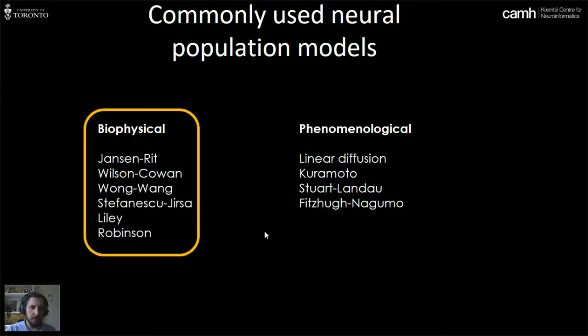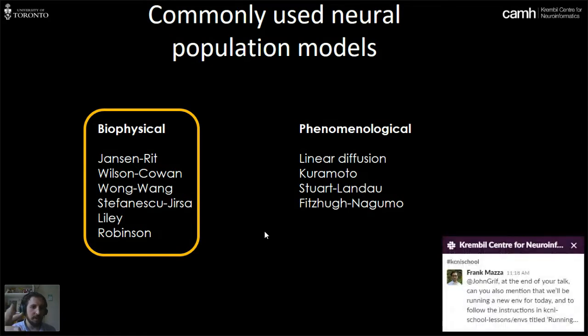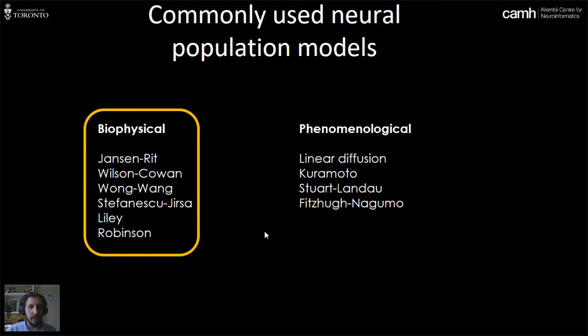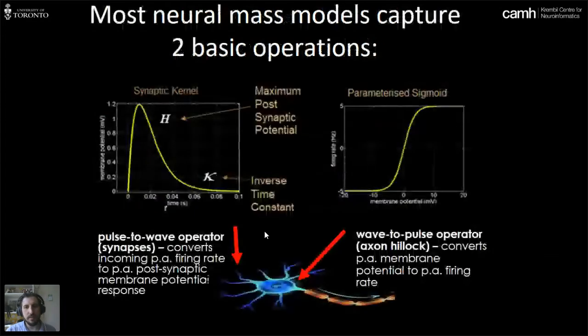So the focus here is going to be on the biophysical model type. There are a few in the list there, but I'm going to really just focus on the first one, this family of neural population models.